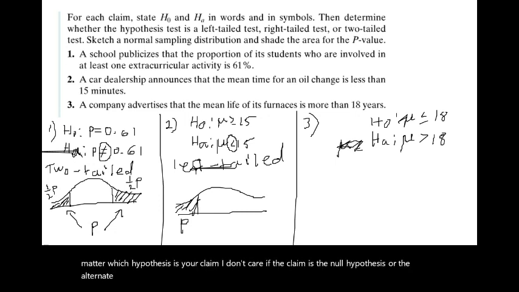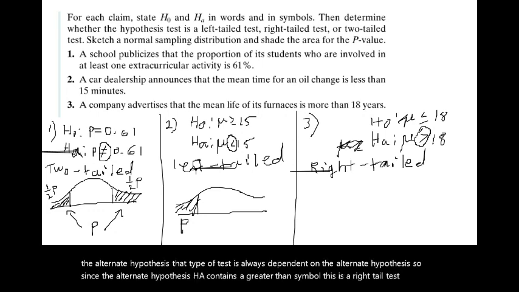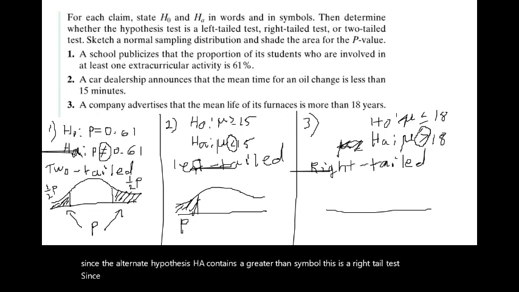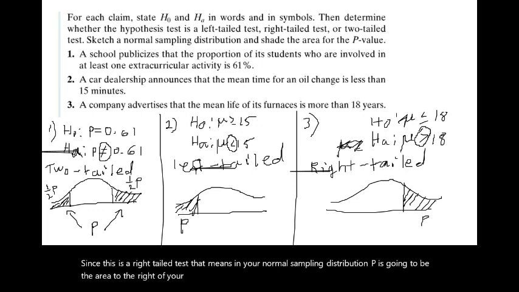The type of test is always dependent on the alternate hypothesis. So since the alternate hypothesis HA contains a greater than symbol, this is a right-tailed test. Since this is a right-tailed test, that means in your normal sampling distribution, P is going to be the area to the right of your standardized test stat.